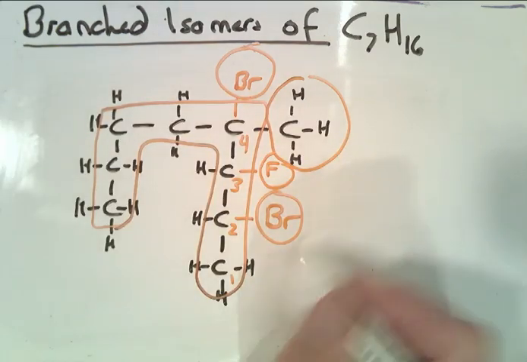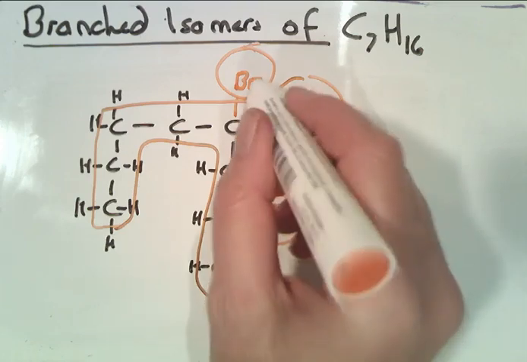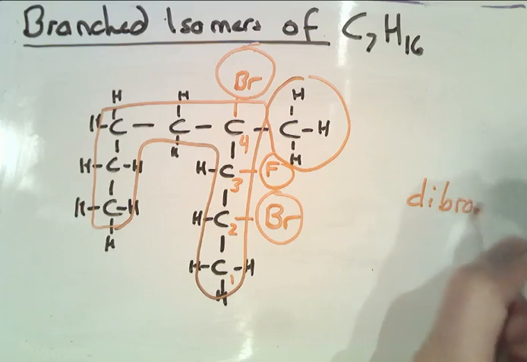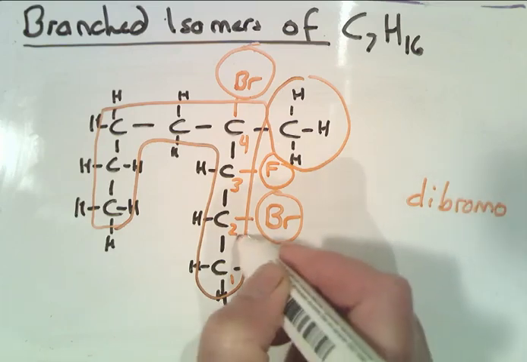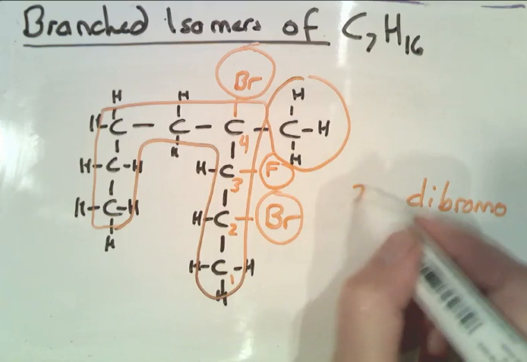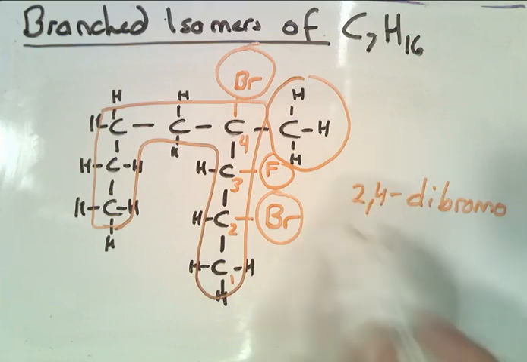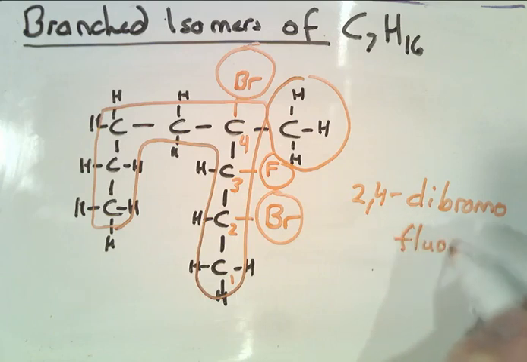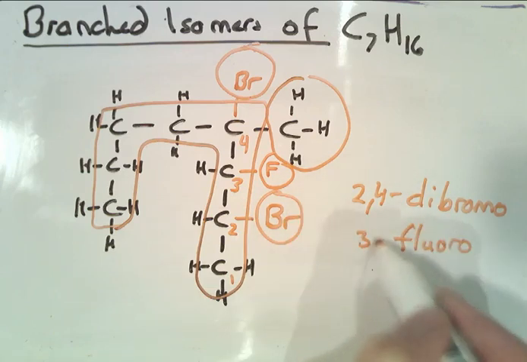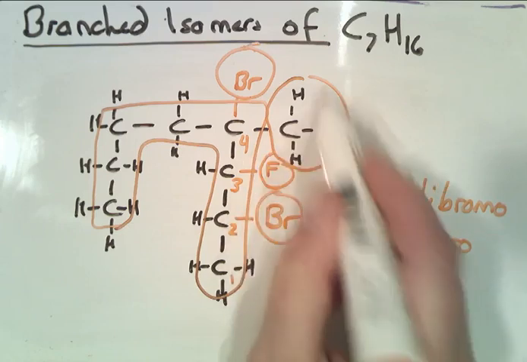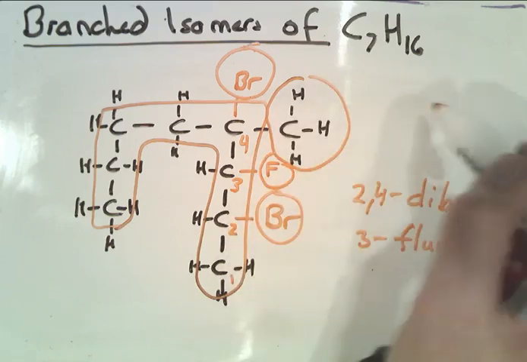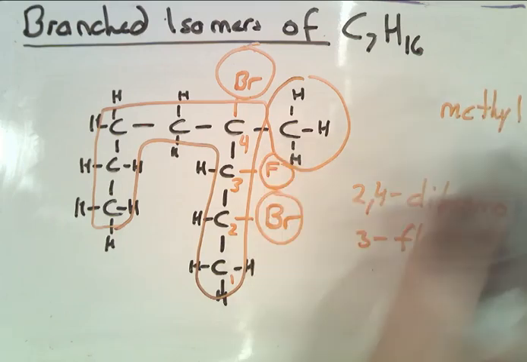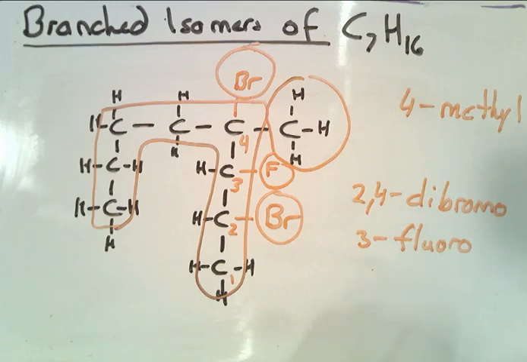So we have 2 bromo, so we have a dibromo, and the dibromo is on 2 and 4, so it's 2, 4 dibromo. We have a fluoro group on the 3rd carbon, and we have 1 carbon, we have a methyl group on the 4th carbon.